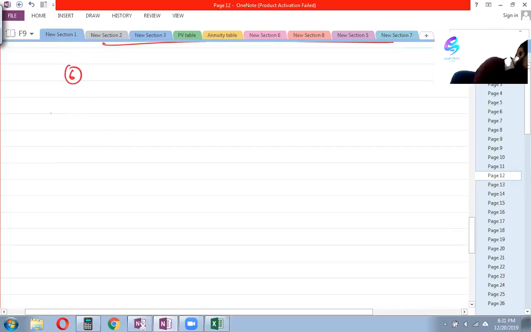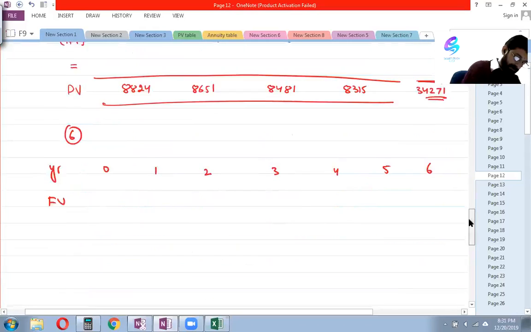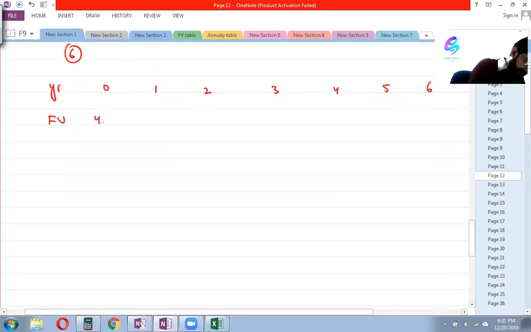So number 6, year 0, 1, 2, 3, 4, 5, 6. The future values are 4,500 in year 0, 4,500, 4,500, 4,500, 4,500, 4,500, 4,500.